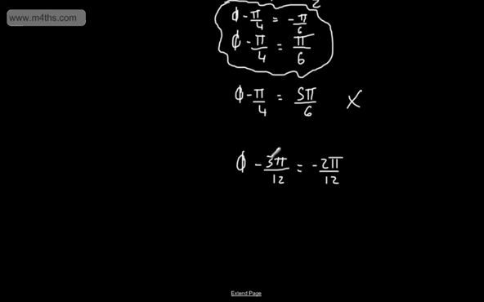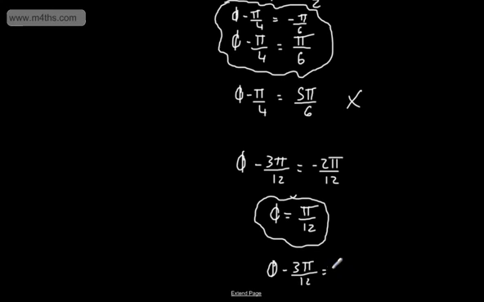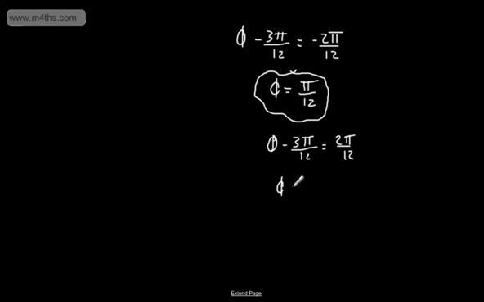So if I add now 3 pi by 12 to both sides, I'm going to get theta is equal to pi by 12. That will be my first, and then if we just consider the next one we've got here, we've got theta minus 3 pi by 12 will be equal now to positive 2 pi by 12. So we can say now that this will give us theta is going to be 5 pi by 12.